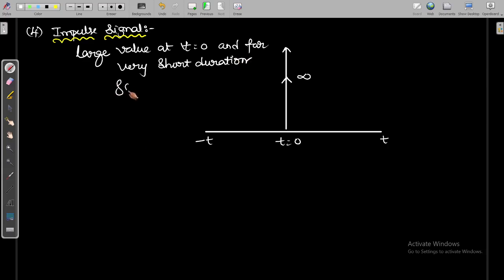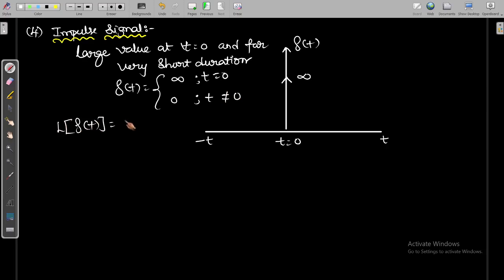So that type of signal we call the impulse signal. The impulse signal is normally represented with delta of t. Delta of t is equal to infinity at t equal to 0, and 0 for t not equal to 0. The Laplace transform of delta of t will become 1, unity.